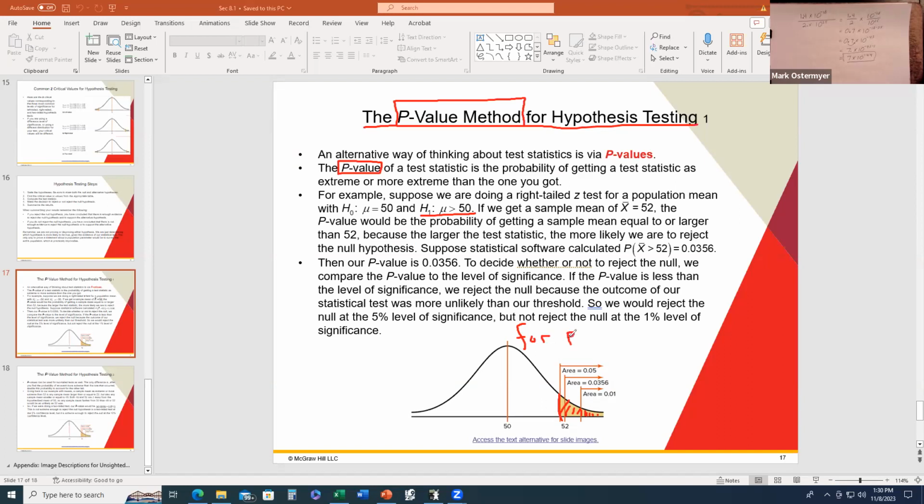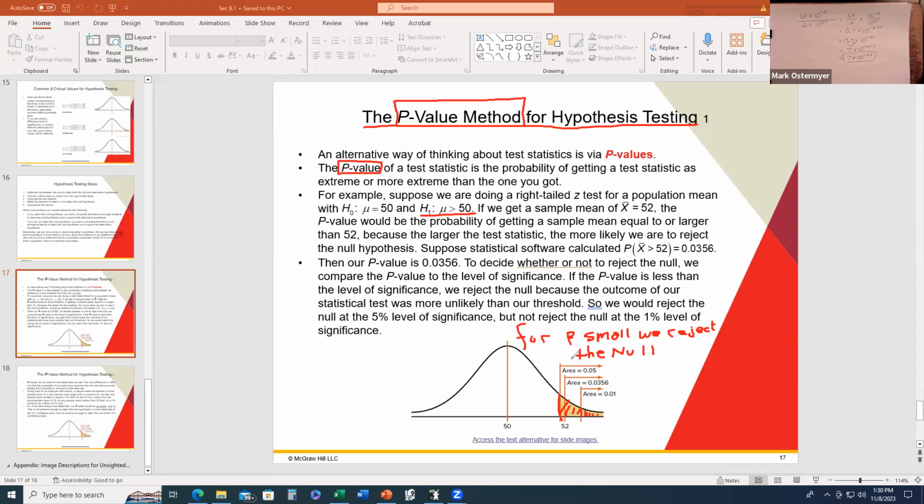For p small, we reject the null. See, that rhymes. It's easy to remember. For p small, we reject the null. So for a small p-value, we reject the null hypothesis.